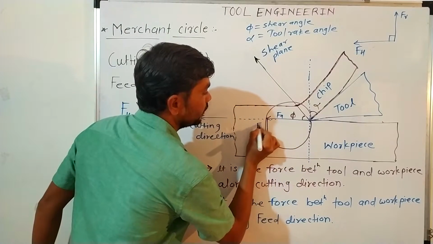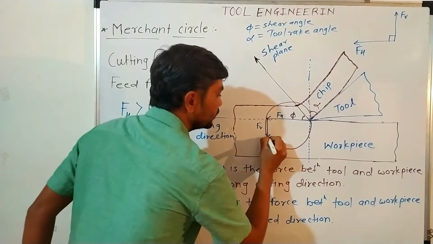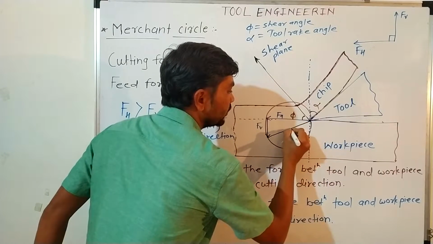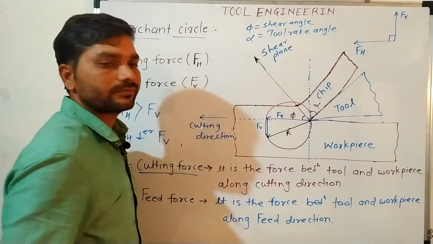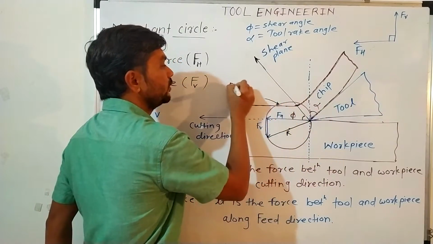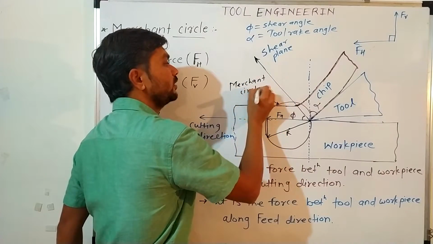This indicates FV, and then we get the resultant by joining these two points. This resultant is the diameter of this circle, and this circle is called the Merchant circle.